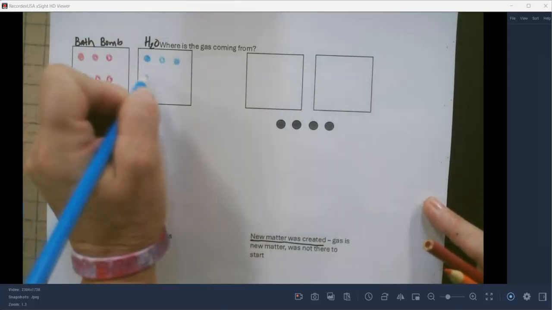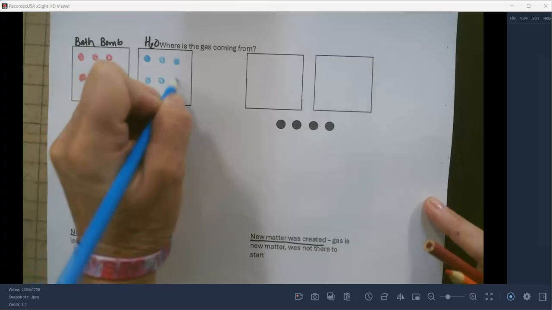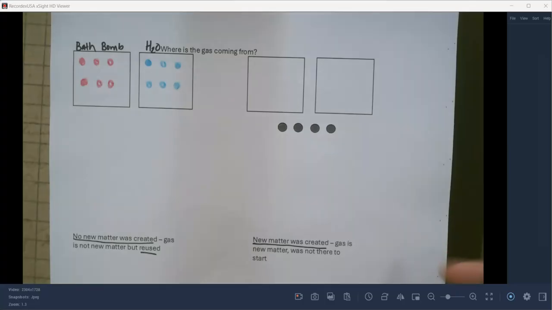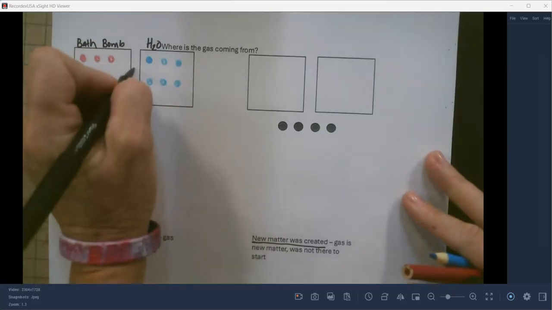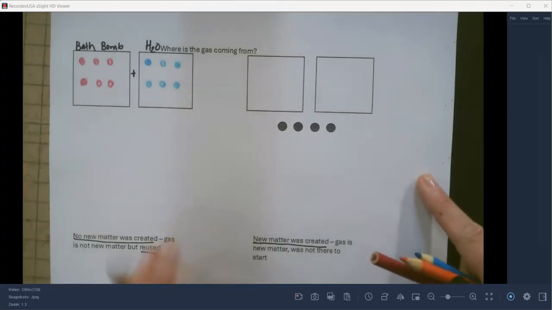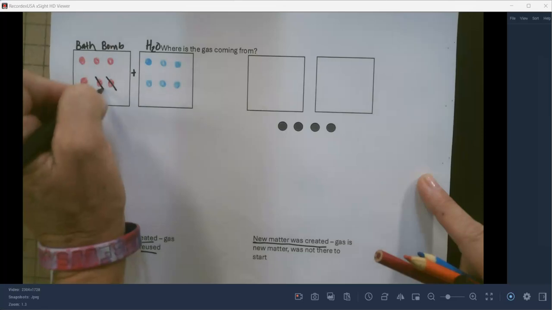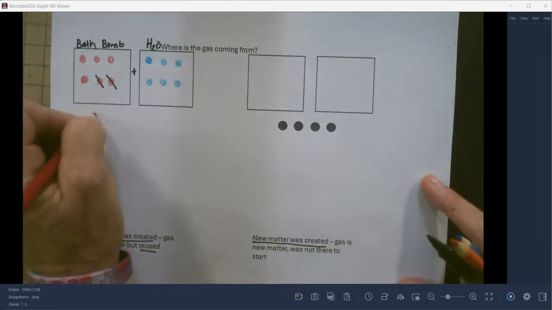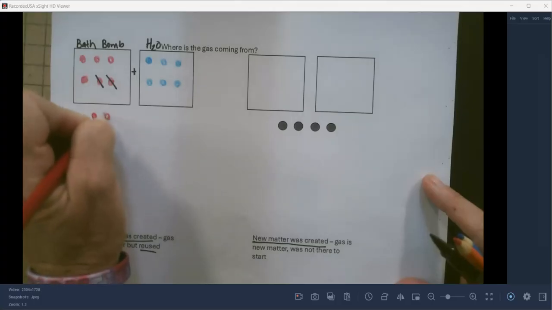And if our claim is that no new matter was created, then the gas had to come from these things. And so we decided that when they react, those two things are going to react to produce the gas. So we're going to put an X through 2 of those, and that just represents the gas being produced from that bath bomb.